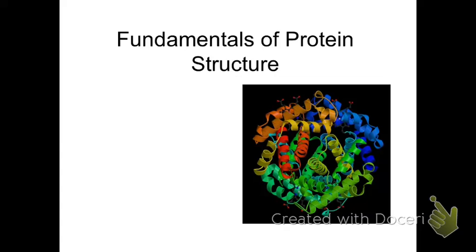What you see here in front of you is a computer-generated diagram of a protein that has been completely folded. Now, when a protein folds into its correct three-dimensional shape, it will determine the actual function of the protein. So it is very important that a protein folds properly in order to create a functional protein.